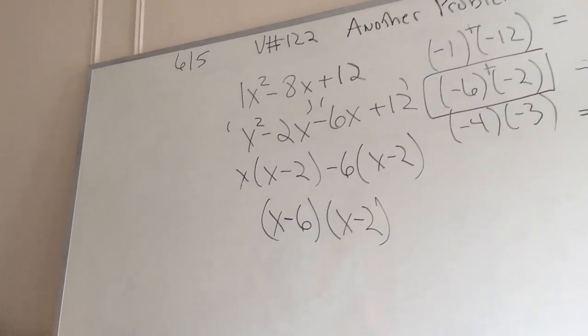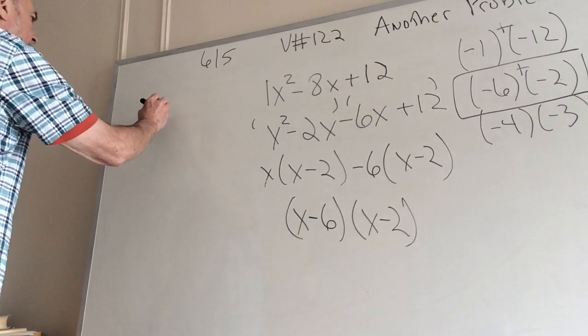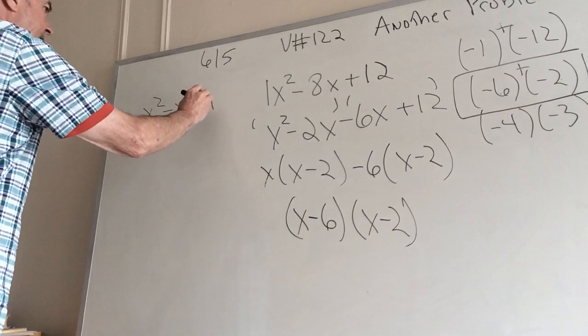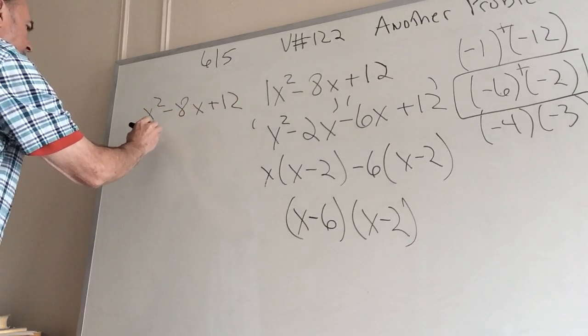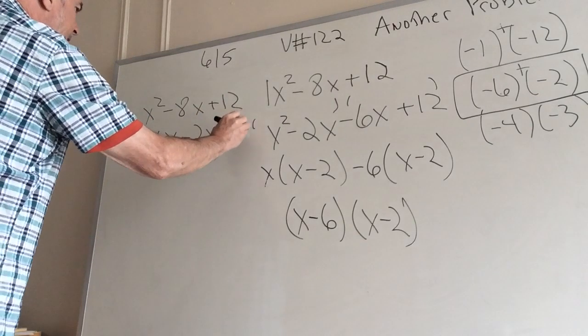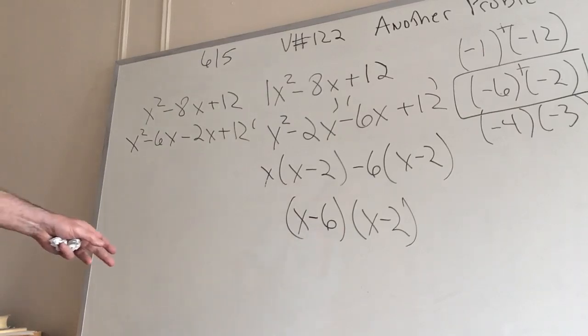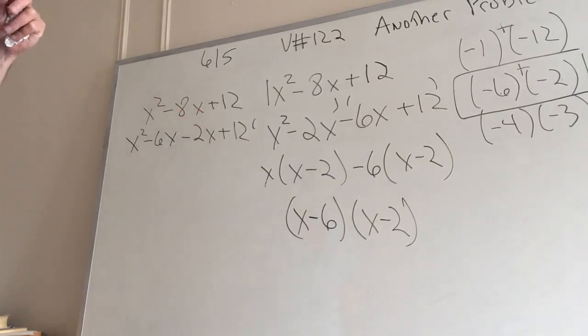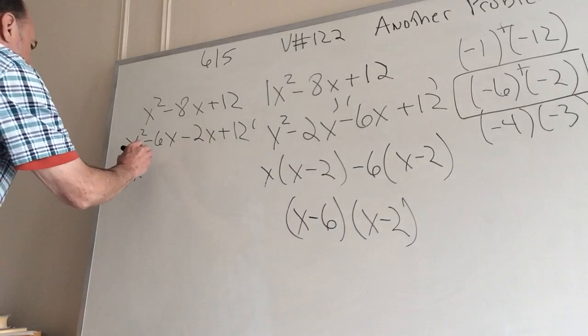And now to make sure that we're taking our time and doing this in the proper way, I'm going to rewrite this again, and this time, after I rewrite this, x squared minus 6x minus 2x plus 12, it's really important to notice that this business of separating them doesn't matter, the order that you put them in. It always works. There might be occasions where it's easier to do it one way, more intuitive, but this is going to work.